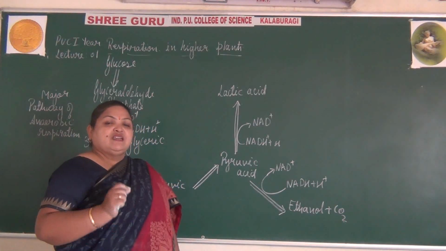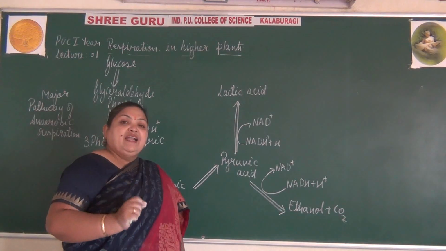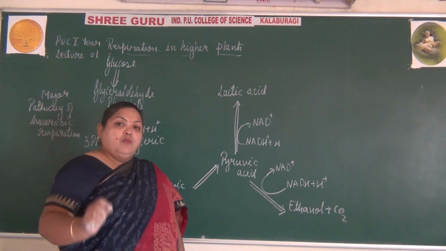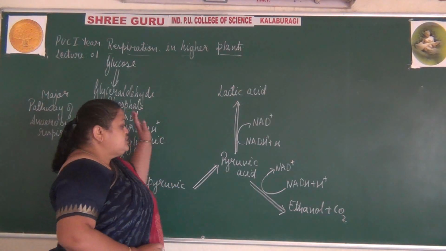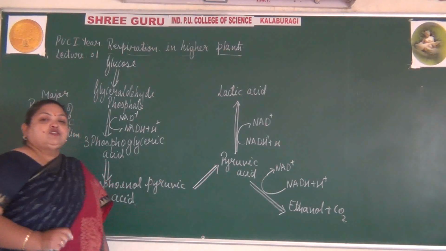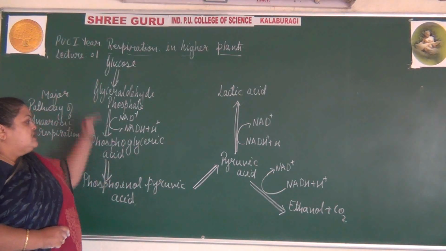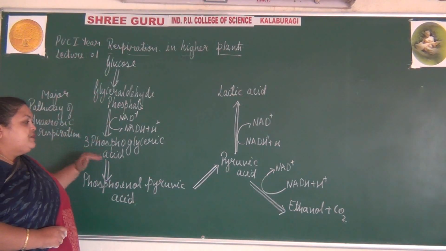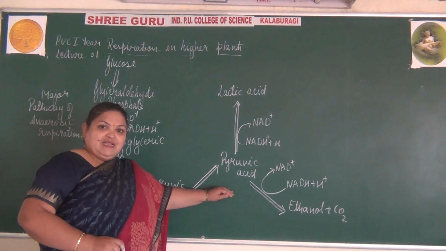Glucose is a 6-carbon complex molecule that is broken down into the simple molecule pyruvic acid, through many intermediate products.